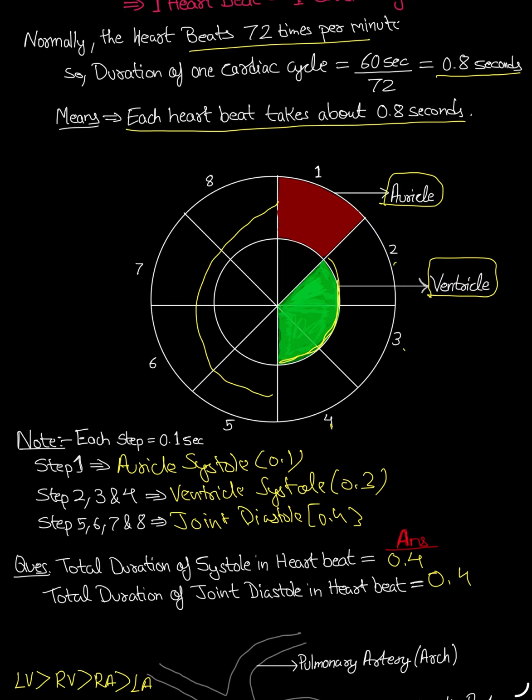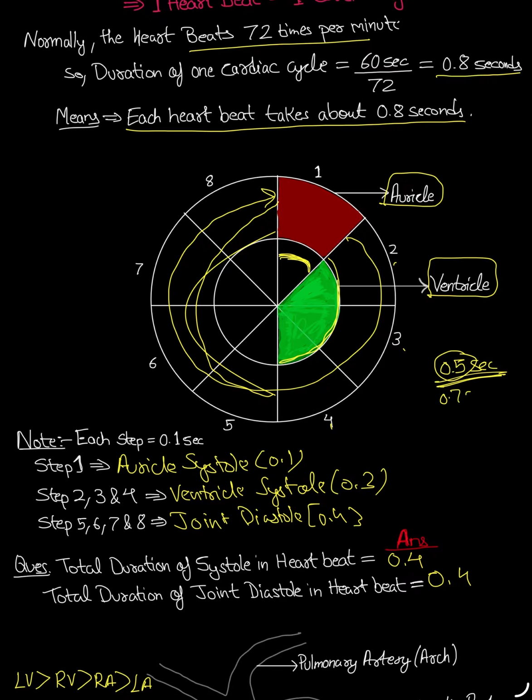See this picture. If I ask, what is the duration of ventricle systole, the total ventricle systole duration, how much is it? Here it is 0.4 and here also. See here, total ventricle systole is around 0.5 second. And for the auricle, from here to here, 0.7 second.